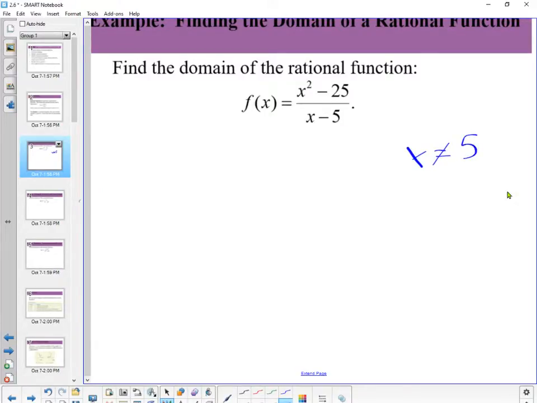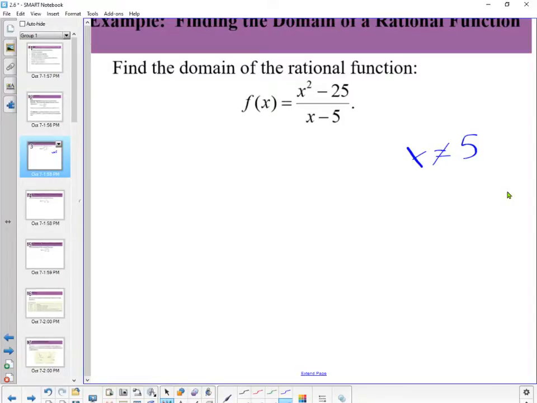But then the question comes up, is this an asymptote? For starters, 5 cannot be in my domain, no matter what. But then we have to decide between whether it's an asymptote or a removable discontinuity. So in this case, what is it? Any ideas?